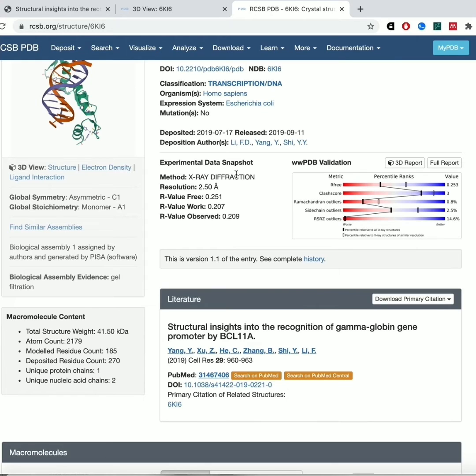The resolution is defined when you collect that evidence, and you can't improve that afterwards. But the R values come from the modeling phase, and they reflect how well the model fits the data. You could have a model that fits the data really well, but if it doesn't make sense, there's probably something wrong with it.